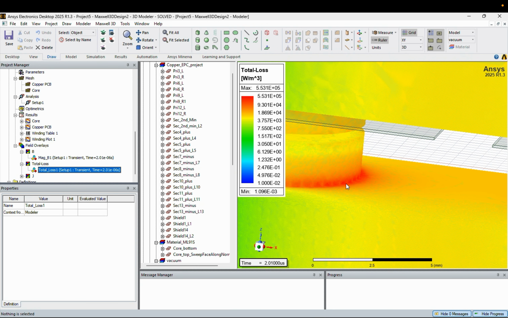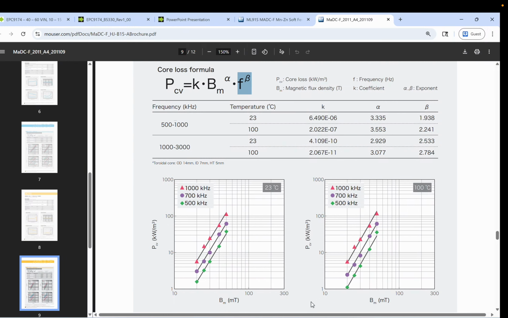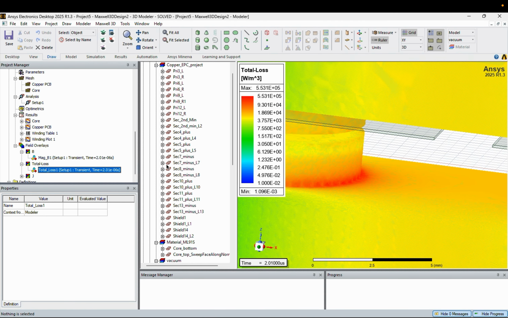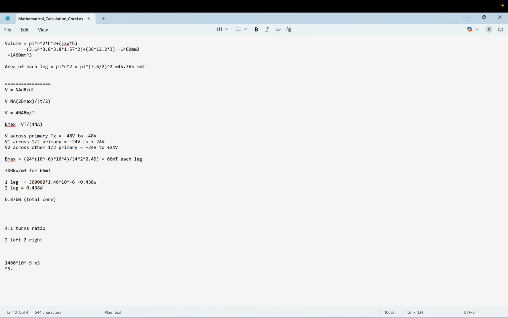You see, if you multiply this 5.553 times 10 power 5 times the volume, which is around 1460 milli, that is 10 power minus 9 meter cube, times this 5.53 times 10 power 5, how much is it?